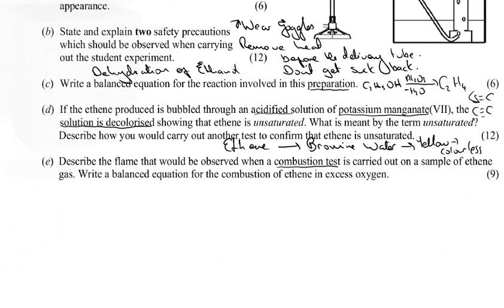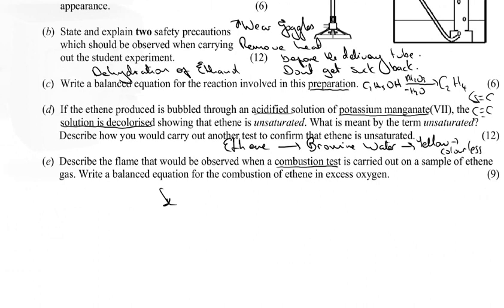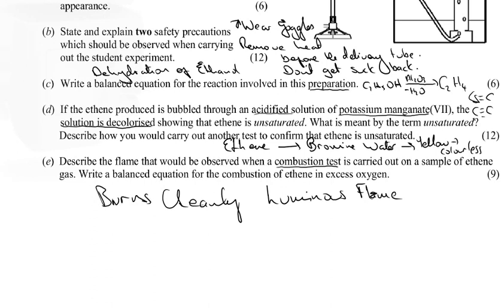Watch them and see how the flame burns. It burns cleanly with a luminous flame, luminous means bright, but there's not too much soot at all. That's how we would describe that.